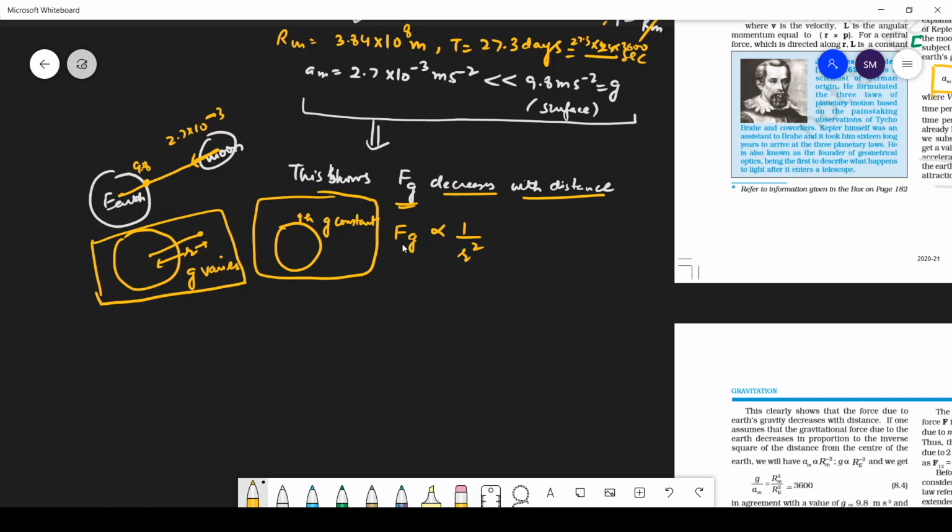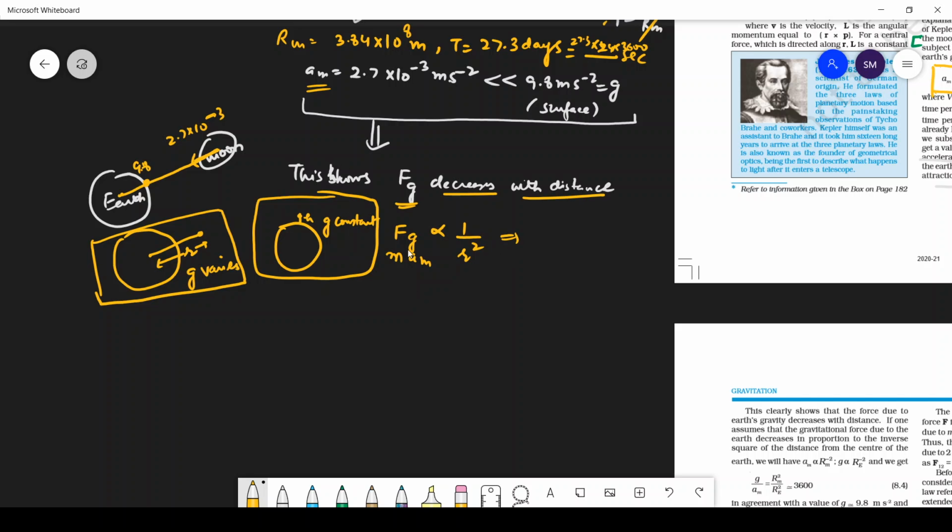So if F is proportional to this, F is equal to ma, that is the mass of the moon into the acceleration of the moon, that is am, which we just calculated.